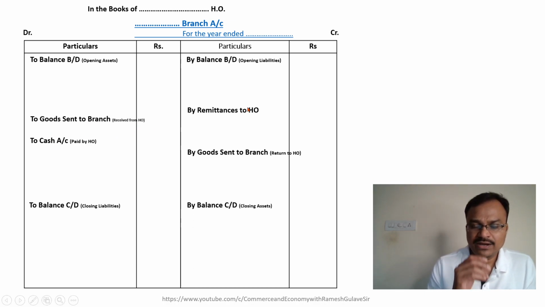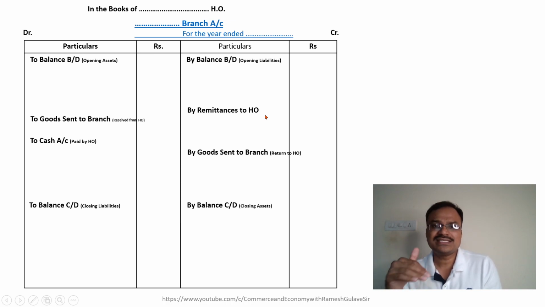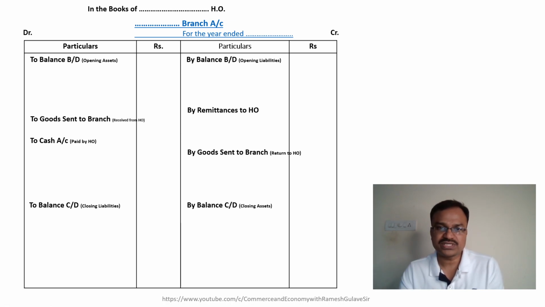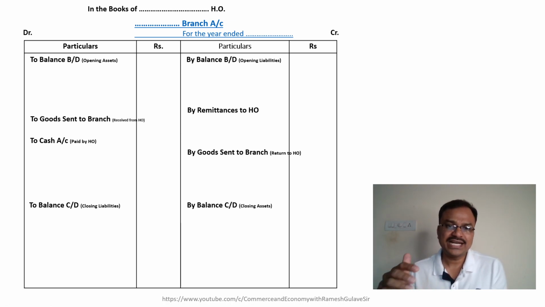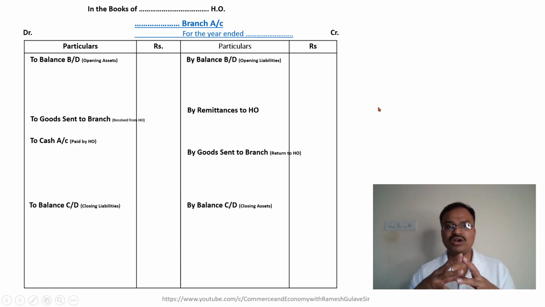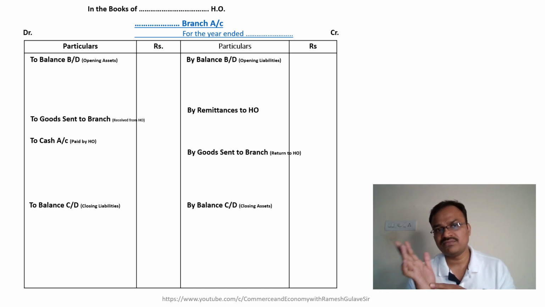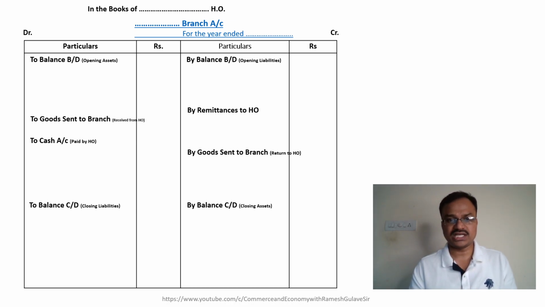Then next we have to record the remittances to head office, which includes cash sent by branch to head office. It means whatever cash is sent by branch to head office is recorded under this title as remittances to head office, right? So these are the few important points which are recorded in the branch account. Some are recorded on the debit side of branch account and some are recorded on the credit side of branch account, right?